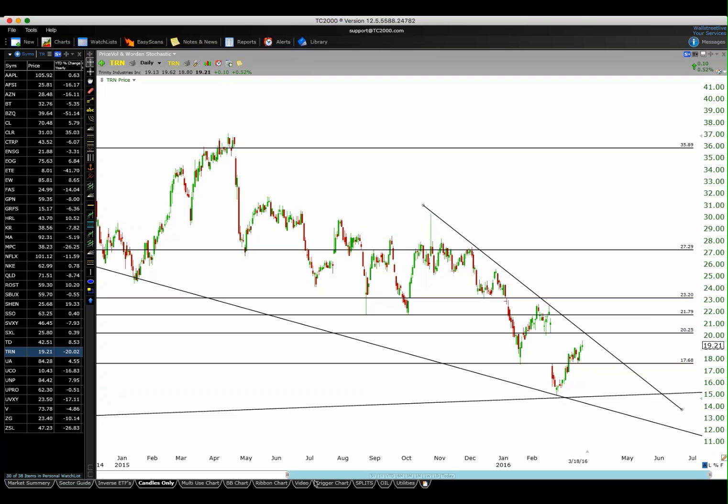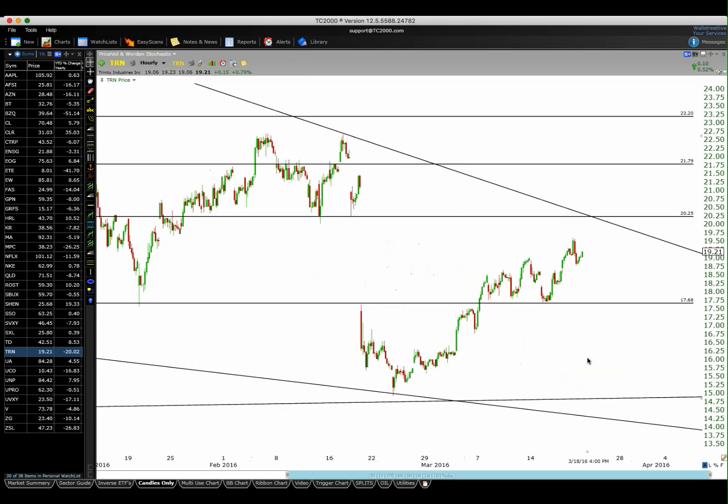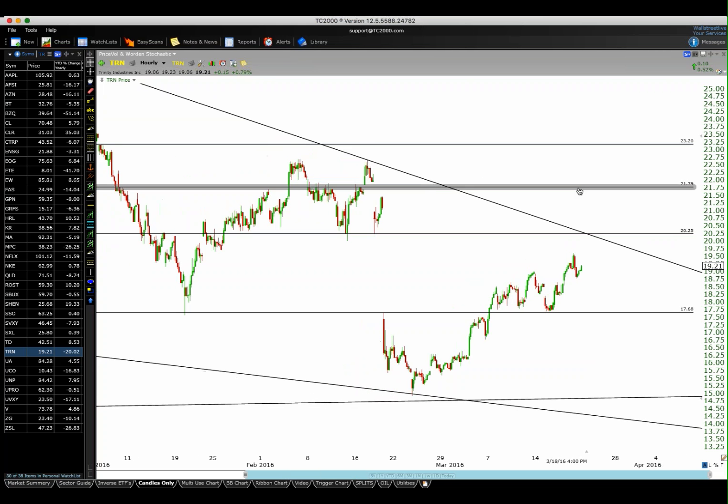Okay, and if I drop this down to a lower time frame, which I really don't need to, okay, I could see what I'd like to do is probably, if I'm going to look for the long term, I'm going to wait for it to break this because we're only a dollar and change away.